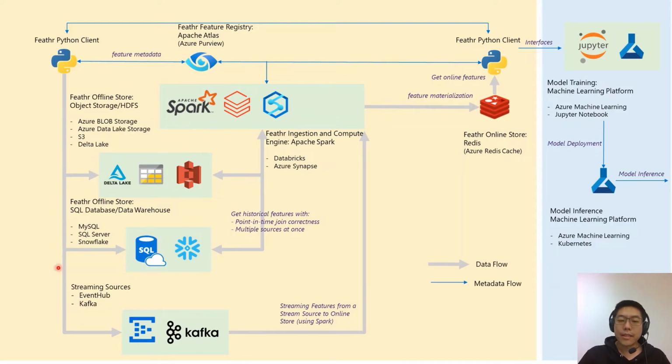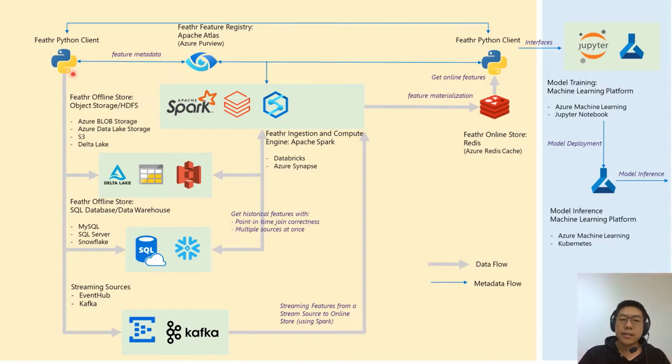After the data is ingested into Feathr, you can either store it in the offline storage or materialize the data into online storage, such as Redis. Feathr uses Microsoft Purview as the centralized management system, so that you can use role-based access control or store everything together with your data governance system.